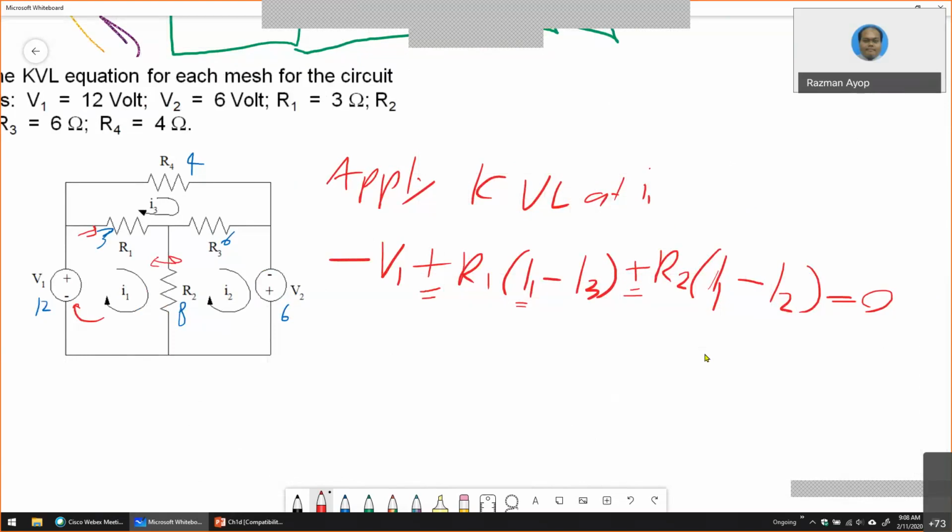Then you have to put it in standard form. For nodal analysis, the standard form for the unknown is voltage, but for mesh analysis, the standard form for the unknown is current.